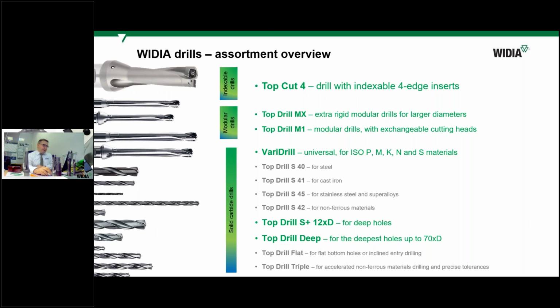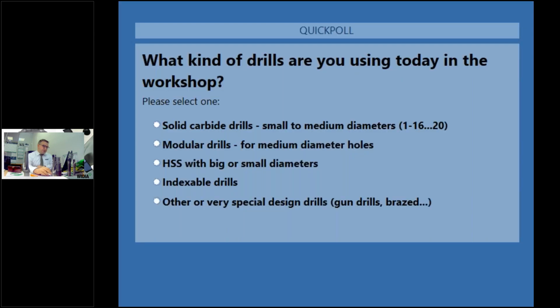But before we come to the answer to this question, I want to ask you to vote in the poll, which will now appear on the screen. Just for our information, we want to learn from the audience who is using which type of drills more frequently.